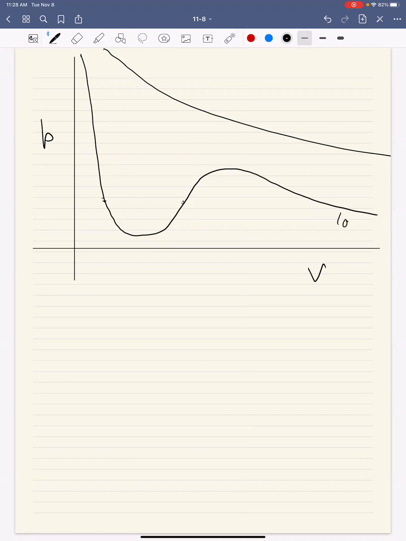This is low T, this is high T. Maybe I should have brought a Python notebook for this, so you can plot it yourself, change the values, and see that as you increase the temperature, this curve lifts up and starts to look like this. So this gap that you're seeing between the bottom and this point becomes smaller and smaller as you lift it further, as the temperature T increases.